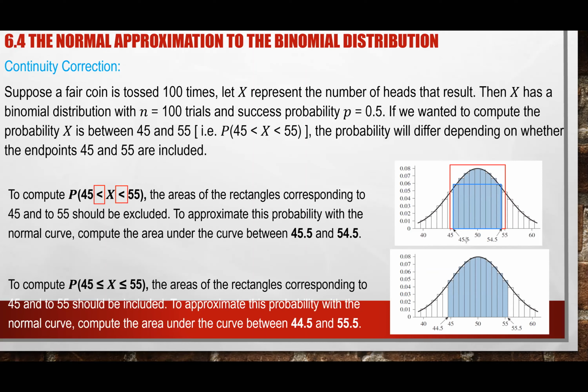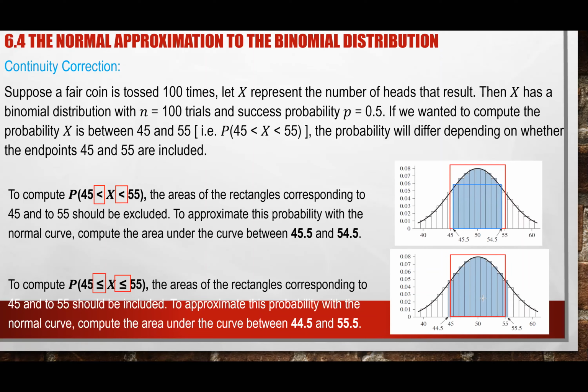Okay, and again, looking at this item down here, we include the endpoint. We include the 45 and we include the 55, which is, as you can see, my red item, my 45 to 55 is here.